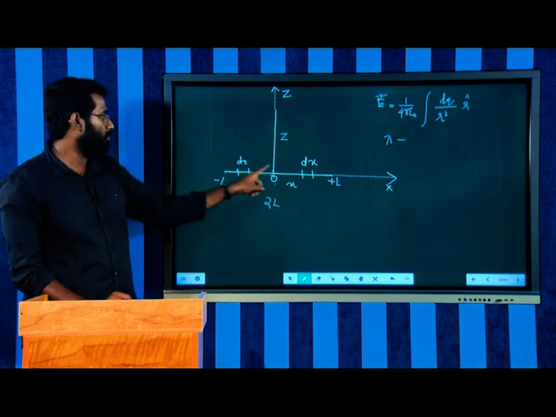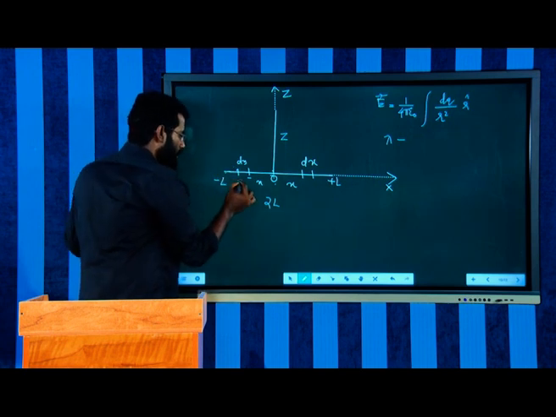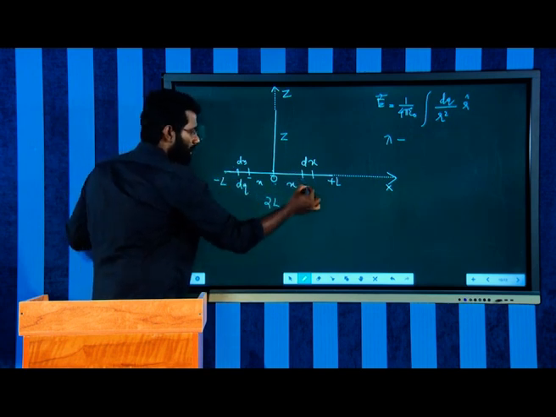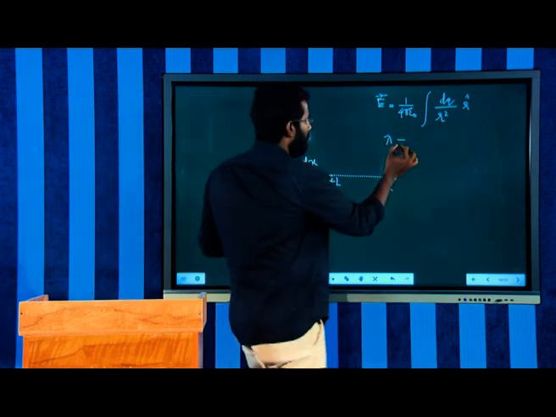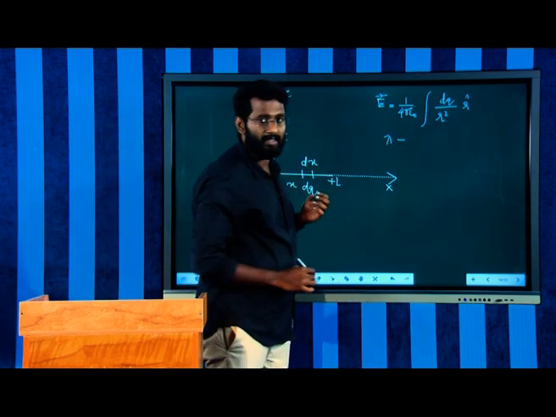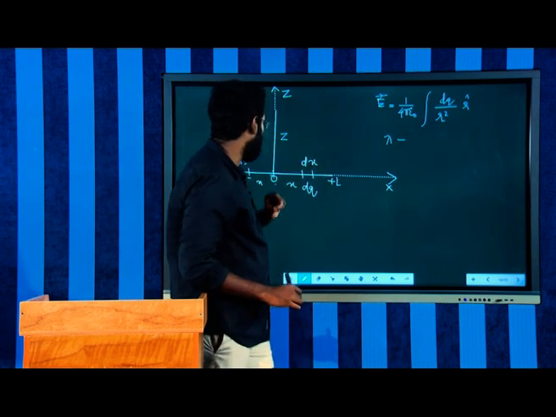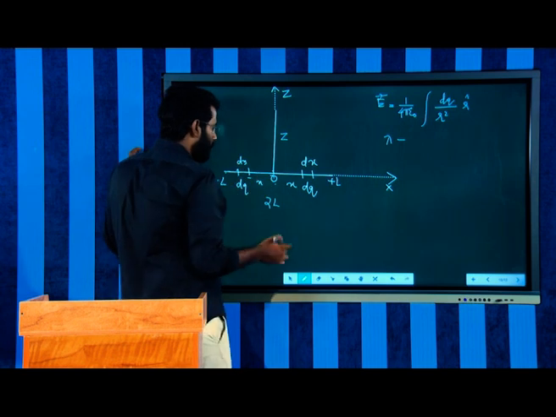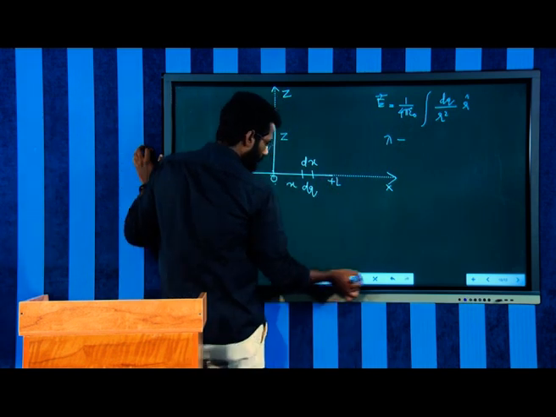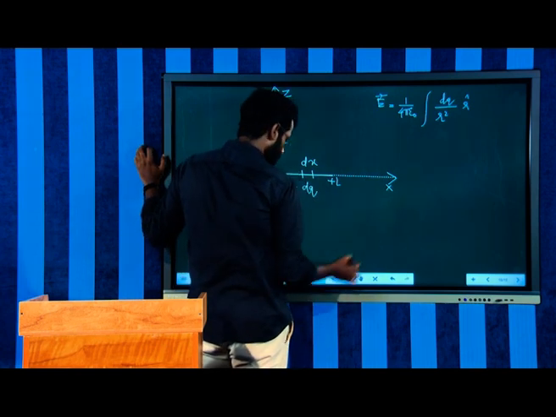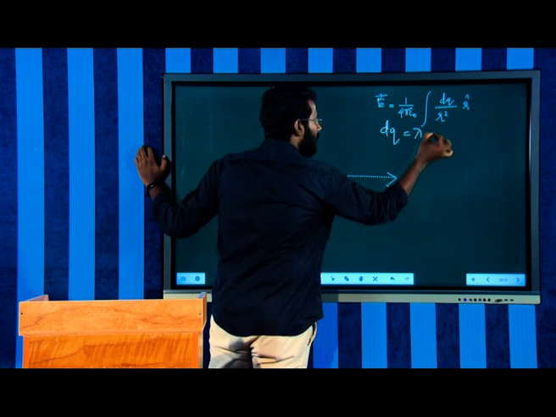Now, you have two charges here. dx is a small piece, so there will be a charge dq there and here also dq. What is the value of dq? We know that lambda is the charge density, that is the charge per unit length. That means the charge is lambda times the length, as in the previous example where we wrote dq is equal to lambda dl.